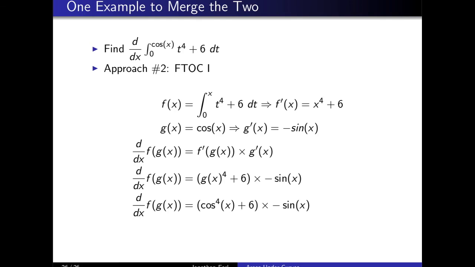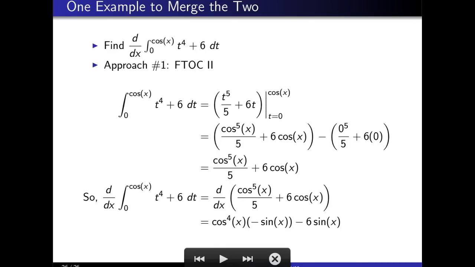Our derivative with respect to x of f of g of x is going to be f prime evaluated at g times g prime. So we get g to the 4 plus 6 times minus sine, and evaluating at g, the derivative of f of g of x is going to be cosine to the 4 of x plus 6 times minus sine of x, which was incidentally exactly what we had here, just factoring the minus 6 out.